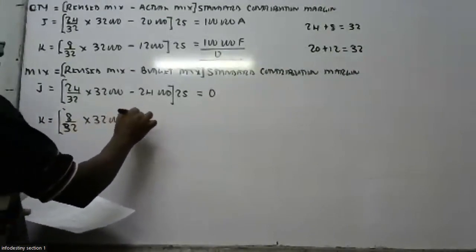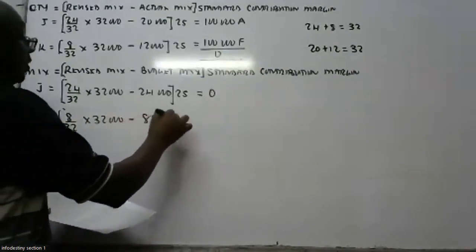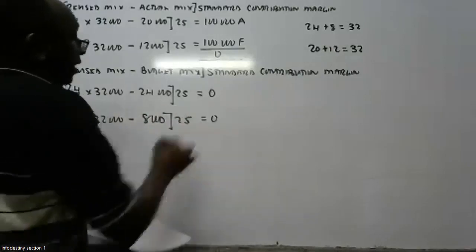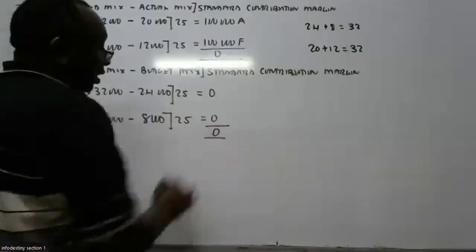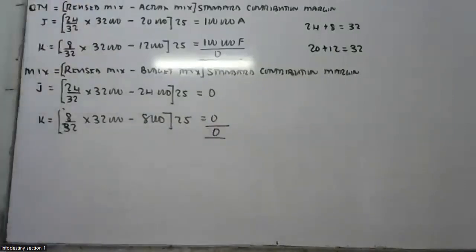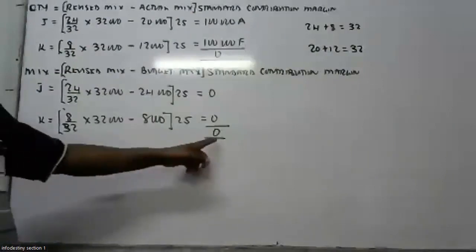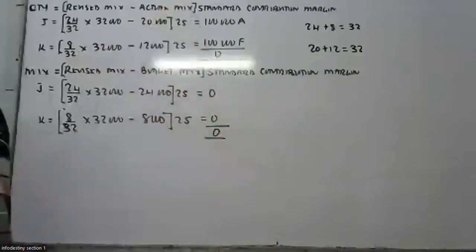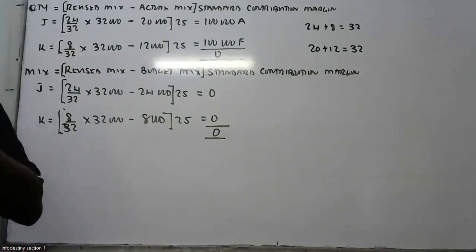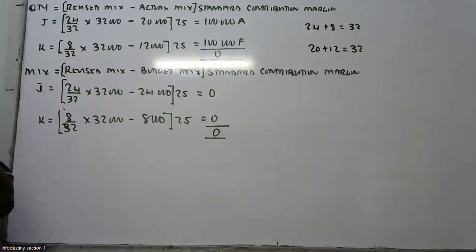You minus the budget of 8 at 25. That becomes 0. And the total is 0. And now you can see these 3 here. When you add them, this and this, we go to the one that we had for the volume.